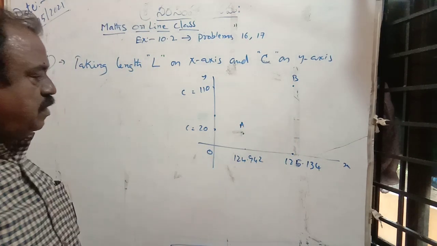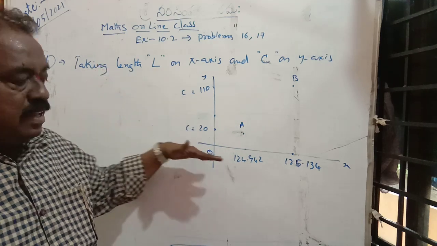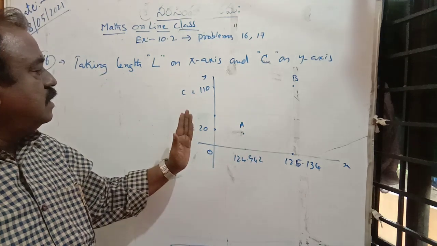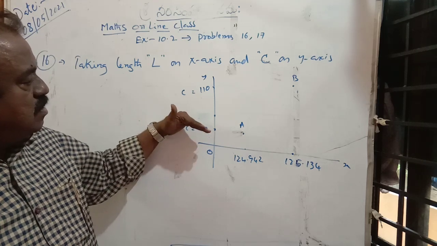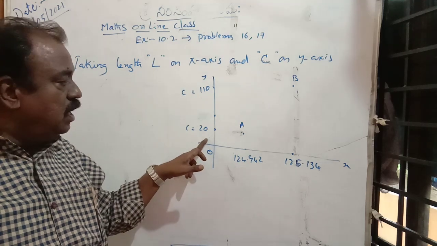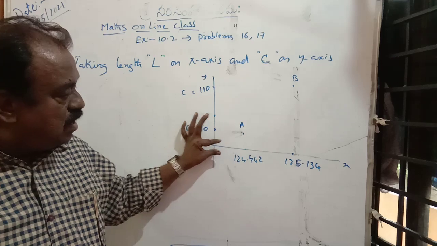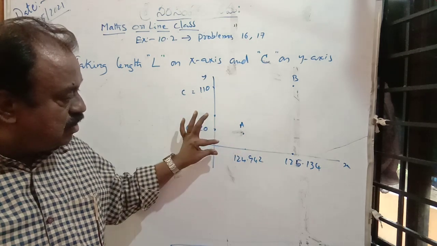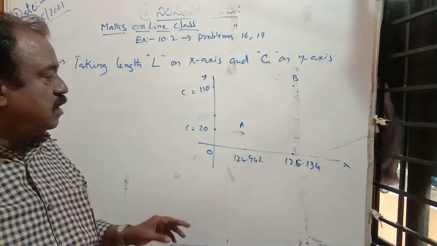You simply observe. We are taking the length on the x-axis and the Celsius temperature, the heat, on the y-axis. When it is 20 Celsius, the length of the rod is 124.942 centimeters.